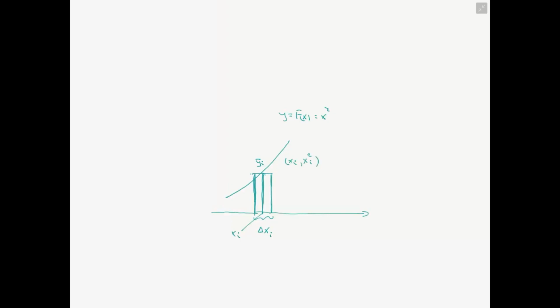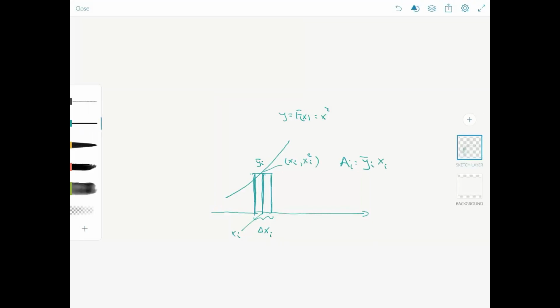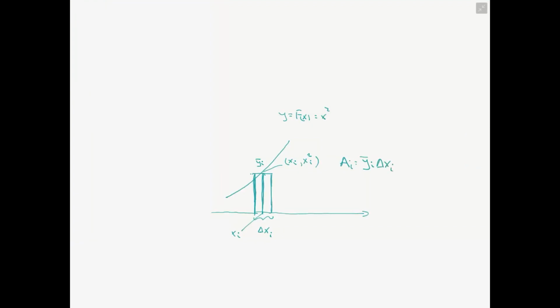Then this point will be x_i and x_i squared, and the area is a_i equals y_i average times delta x_i. Sorry about that, we'll erase that. It's because we're looking at delta x_i.